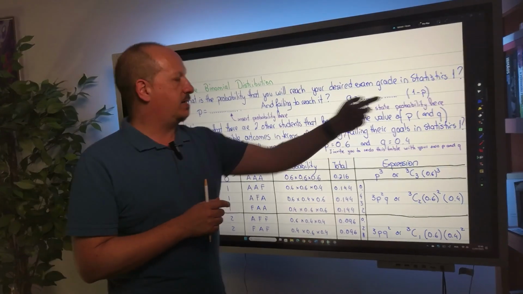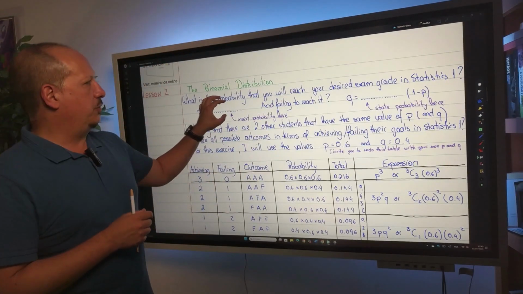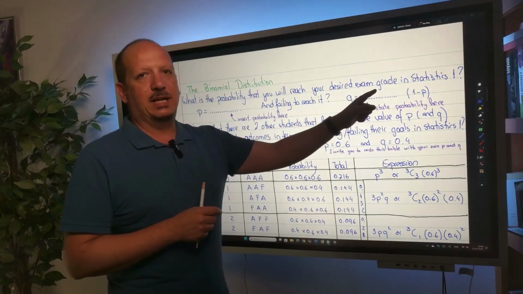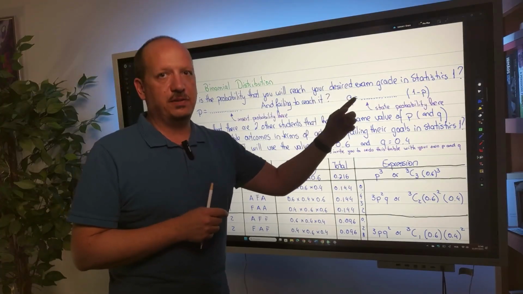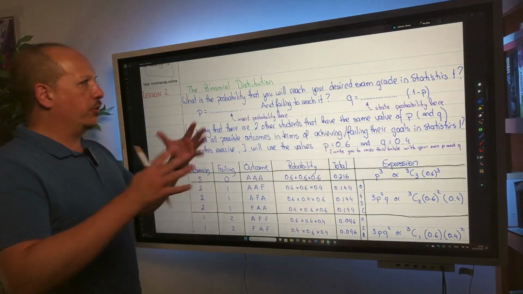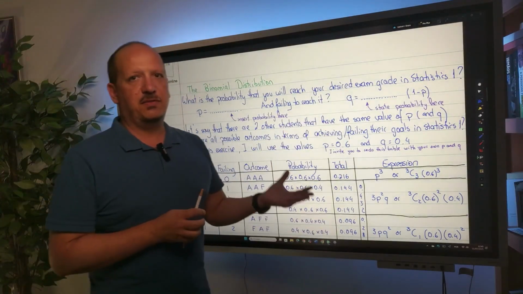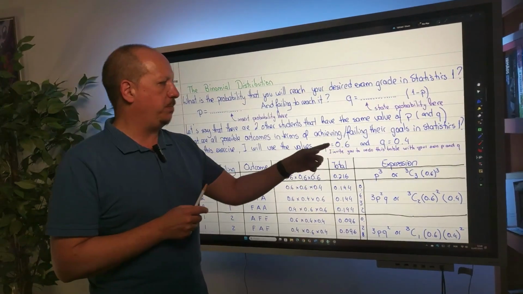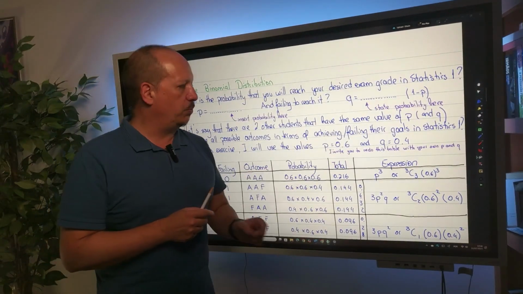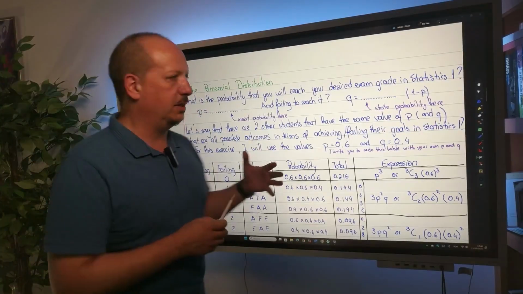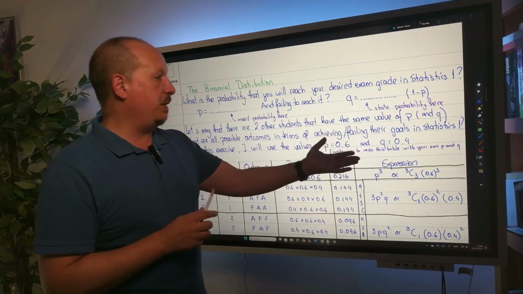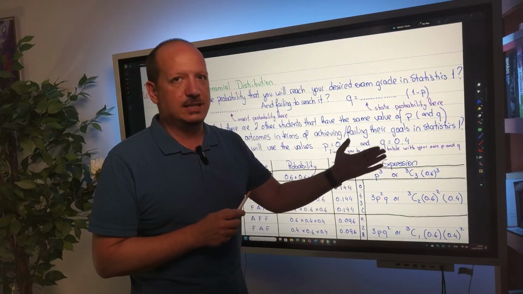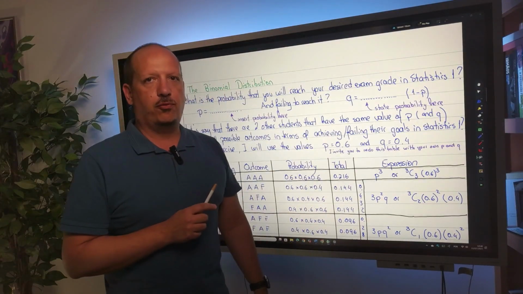Obviously, this one stems from this. Whatever value you put here, this is going to be 1 minus that. Q means the probability that you don't achieve that grade. For the purpose of this explanation, I'm going to put P as 0.6. So 0.6, or 60%, is the probability of you achieving the desired grade, which means that the probability that you don't get that grade is 0.4.